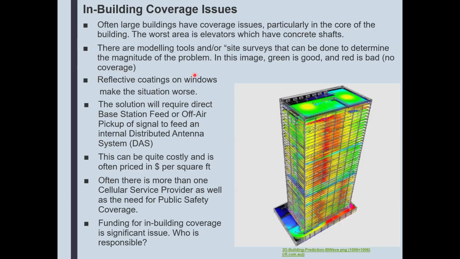We'll address that. Now, reflective coatings on windows could be conductive, and conductive materials would block the waves. So reflective coatings on windows of the buildings make the situation worse.